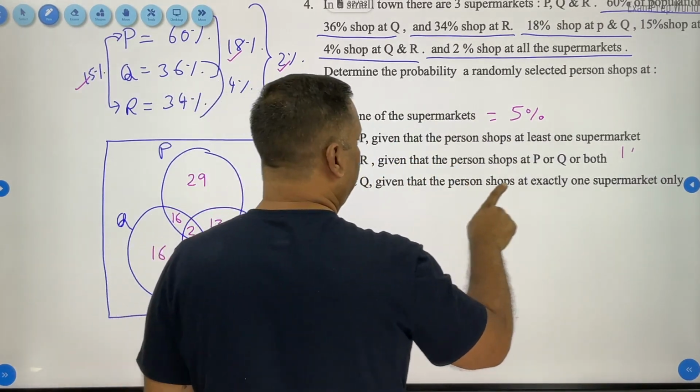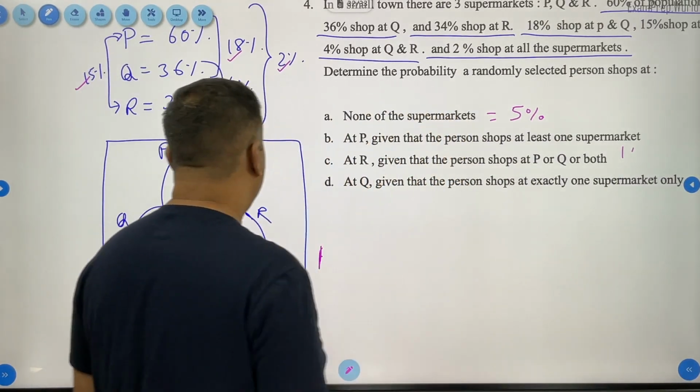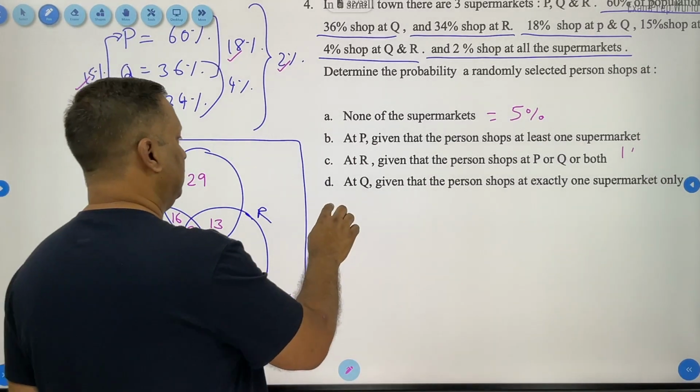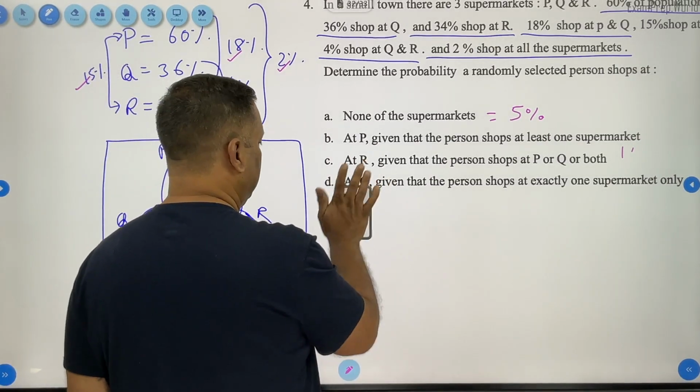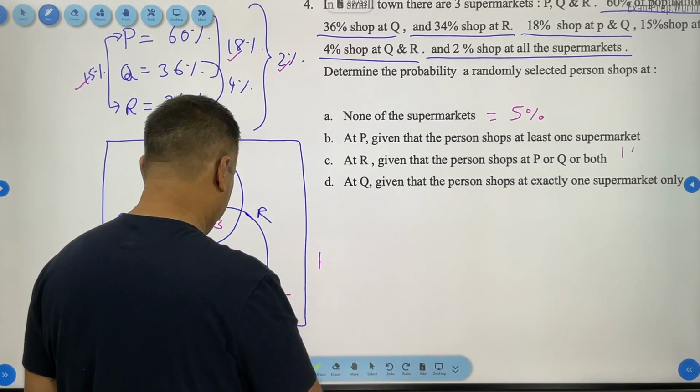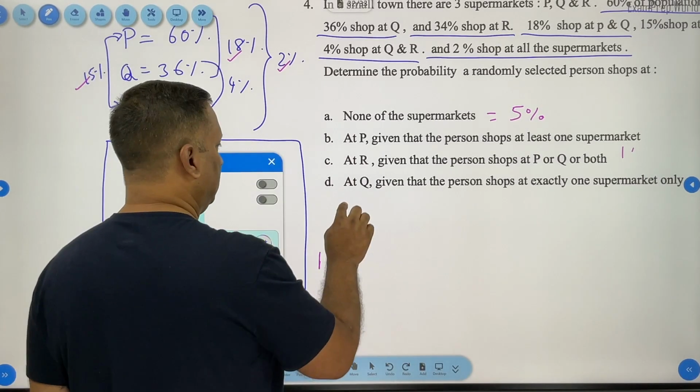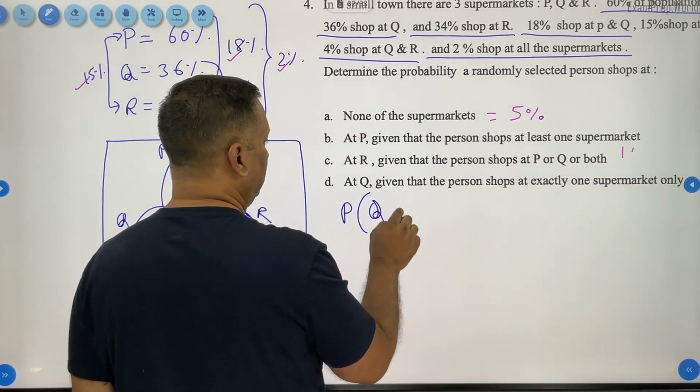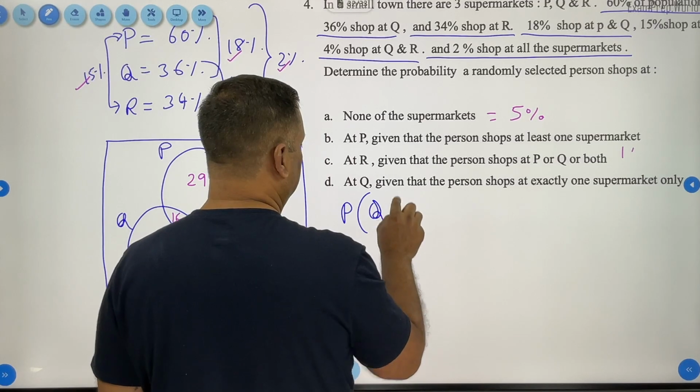At Q, given that the person shops at exactly 1 supermarket only, probability of Q, exactly 1.